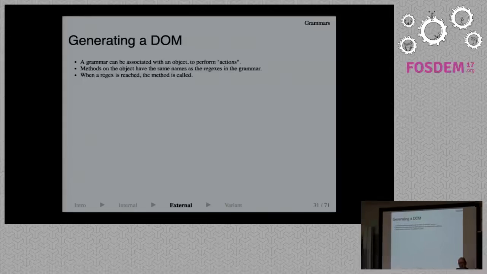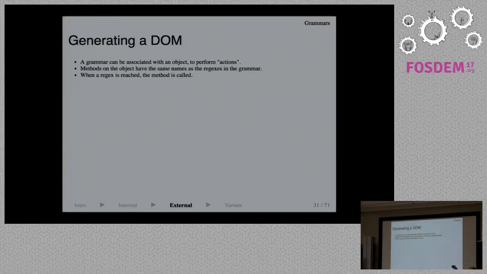A grammar can have an object associated with it, and then every time a particular rule is reached, the method of the same name on that object gets called. So if you have an object with a method called line, while it's parsing and it hits a line, it calls your method and sends you the current line. Okay.